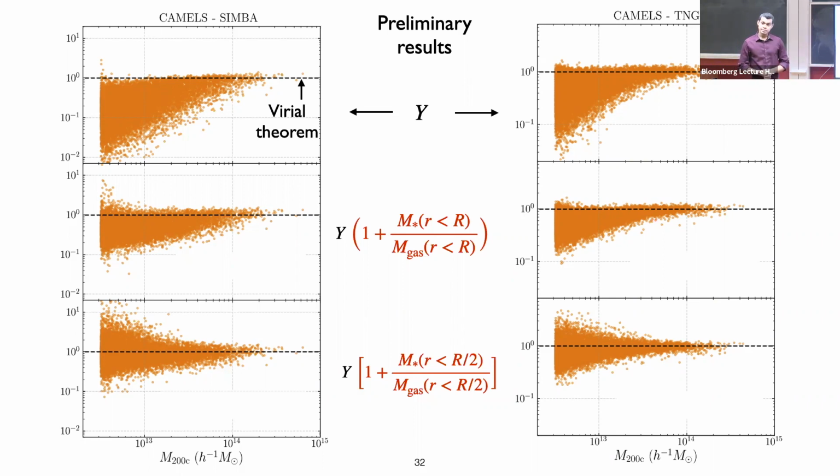Yes. It was interesting that this simple ratio works quite well for these two different subgrid physics. The reason may be that if you have the gas forming stars, you reduce this y parameter, but if you include the stellar mass to gas mass ratio, essentially what we are doing is the total baryonic mass divided by the gas mass.